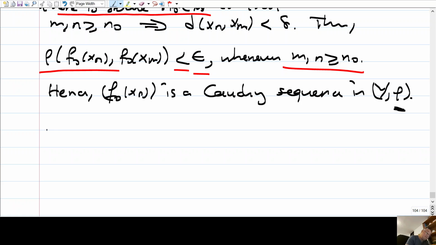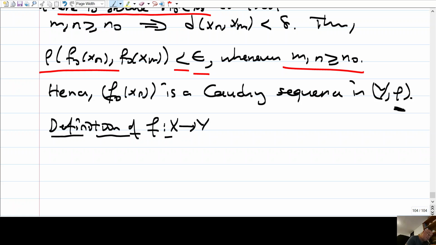The definition of f from X to Y. We will define it this way. Take any x in X. It doesn't have to be an element of A. It's an arbitrary element in X.